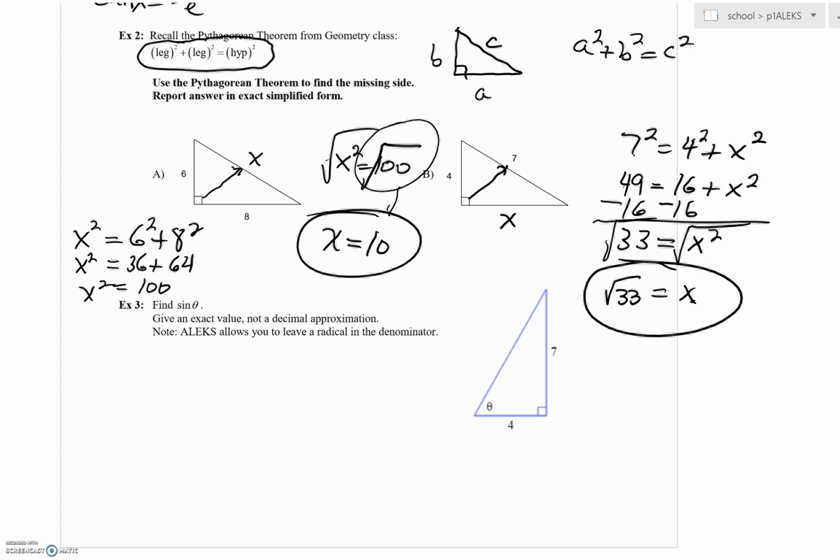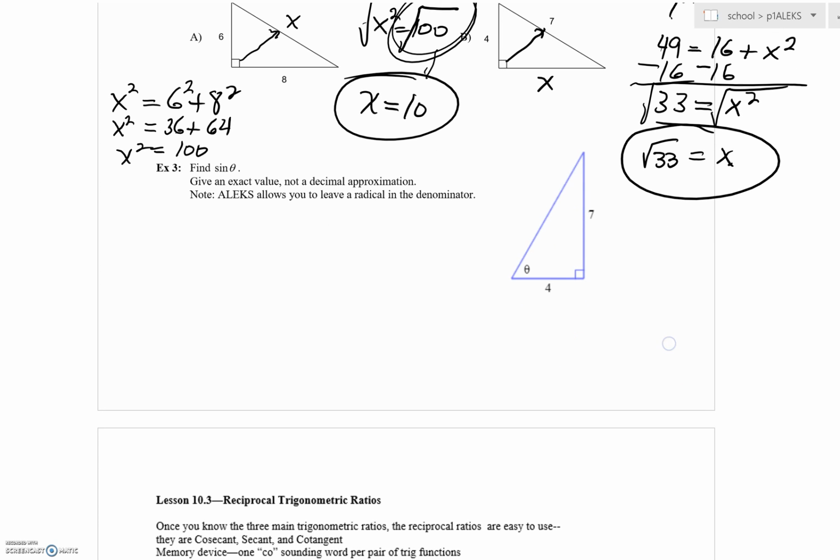Some kids were writing down the decimal answer, and you don't want to do that. Sometimes kids went back to part A and wrote the square root of 100. But if your square root breaks down to a whole number, you have to write that simplified whole number. So either a whole number, or if your radical gives you a decimal, leave it just as the radical. Last problem of the day.